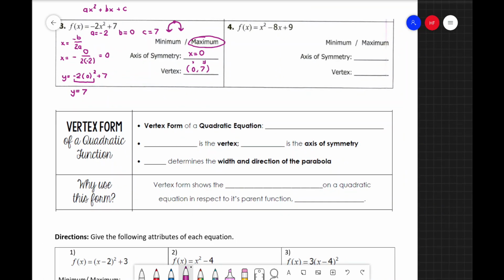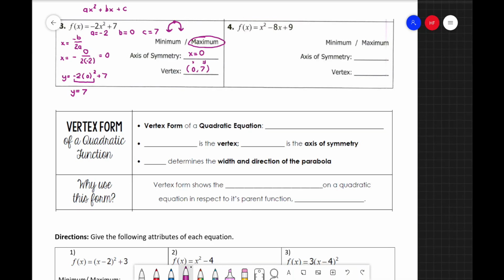Now number 4, we have x squared minus 8x plus 9. So now we have an a, a b, and a c. My a is 1. Anytime you don't see the number in front, we're going to say that it is 1. Anytime you don't see that variable at all, then it is 0.